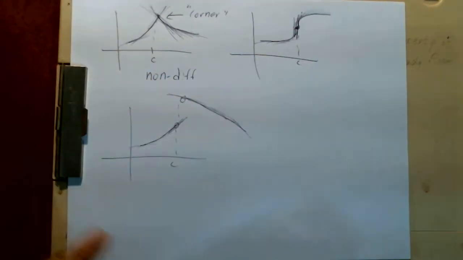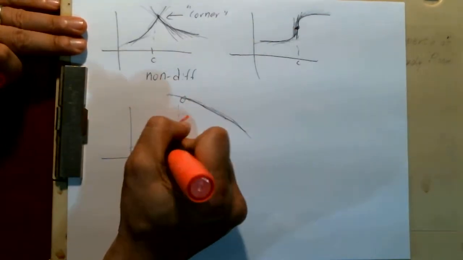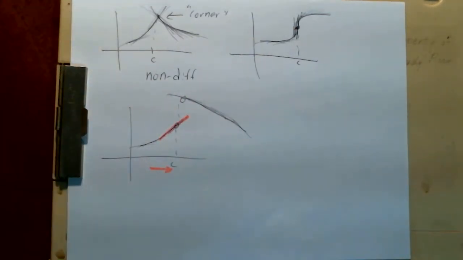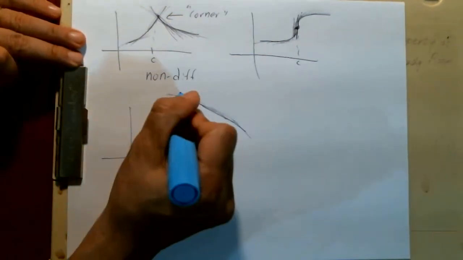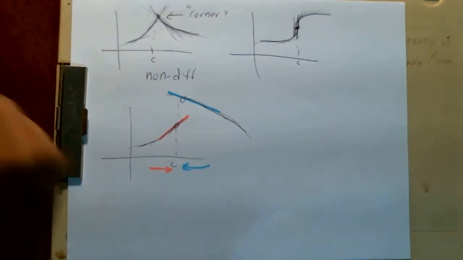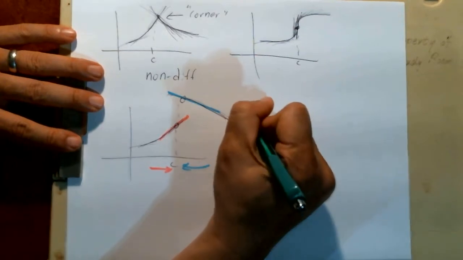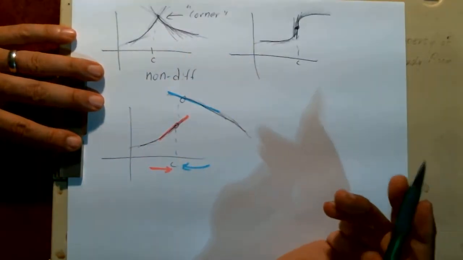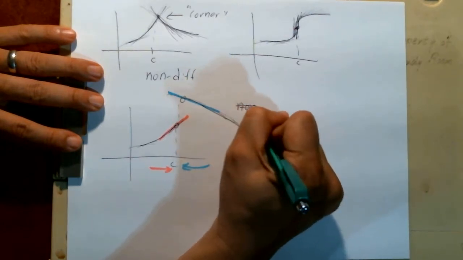So the slope from the left is going to be something like this, and the slope from the right is going to be something like this. So when you have a jump discontinuity, you're going to have non-differentiability, or you are not able to take the derivative. They call this jump discontinuity.